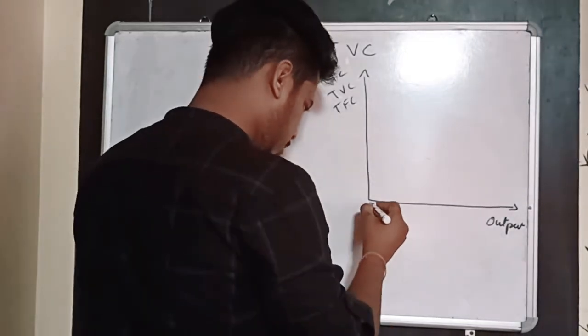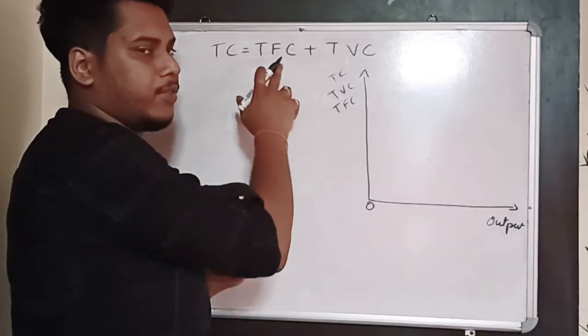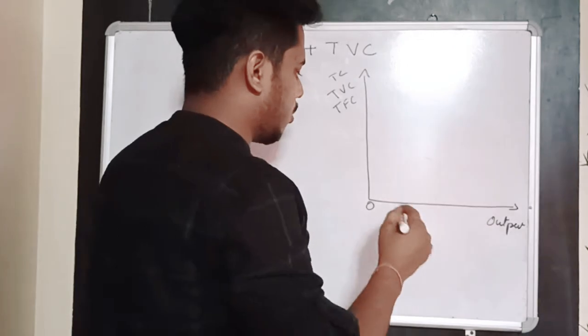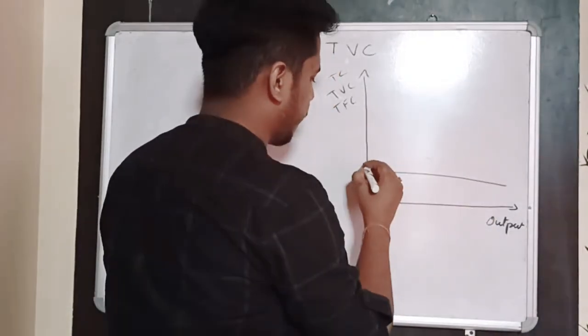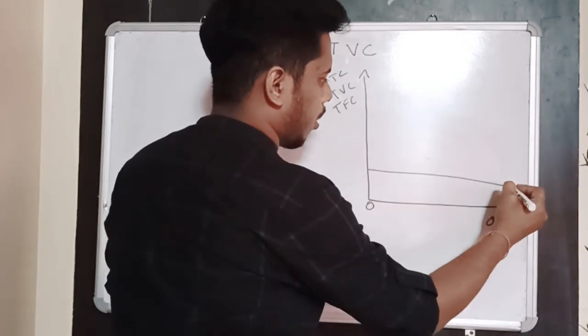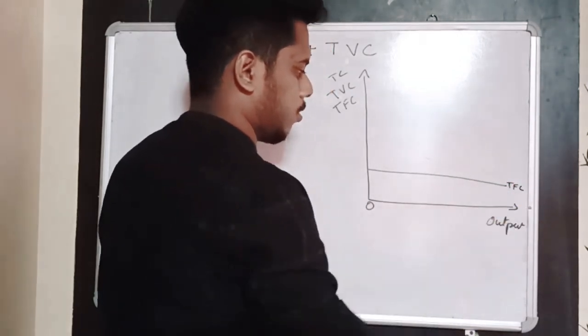Now according to the definition, the total fixed cost does not change with change in output, so it will remain fixed. It will be shown by a horizontal line, total fixed cost.